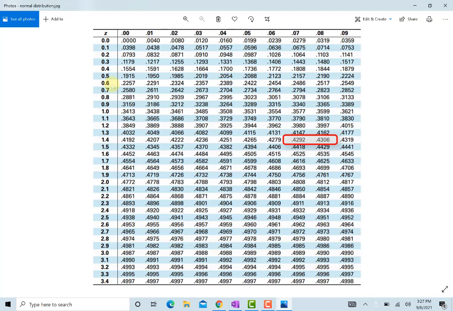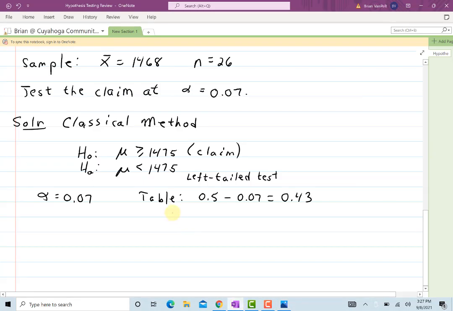I have 1.4, and then I look up 8. So come back to our notes. Z, I'm going to call it z sub 0, equals 1.48. That's not true. If this were a right-tailed test, that would be true. Since it's a left-tailed test, I need to put a negative in front of it. So this is my situation that I have.